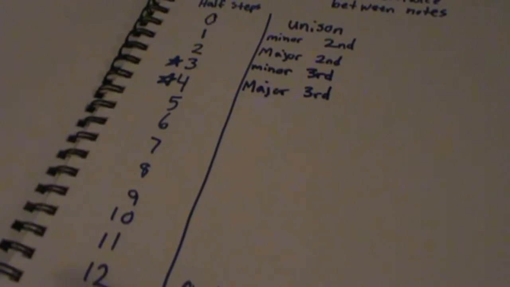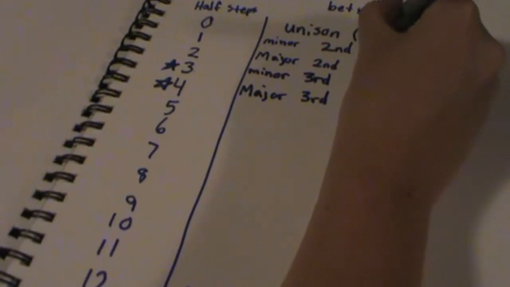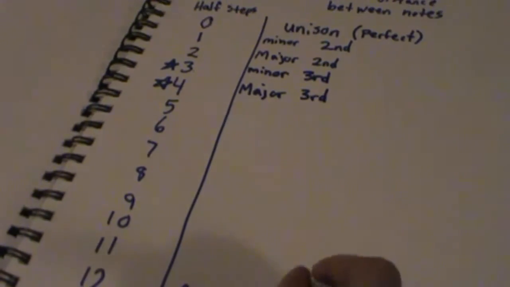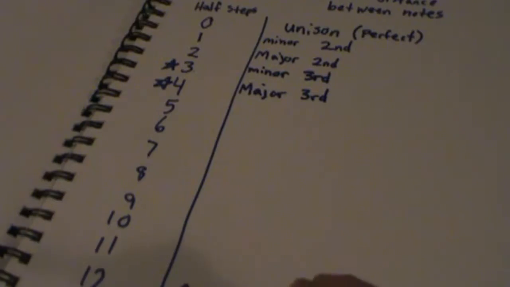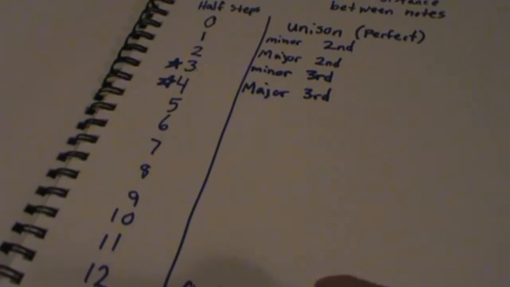Okay, probably should tell you that these 2 intervals are what they call perfect. We'll get on why they call them perfect intervals later. We'll talk about that when we talk about inversions and flipping intervals. Perfect. We might get to that at the end of this video. Octaves are perfect. Unisons are perfect.